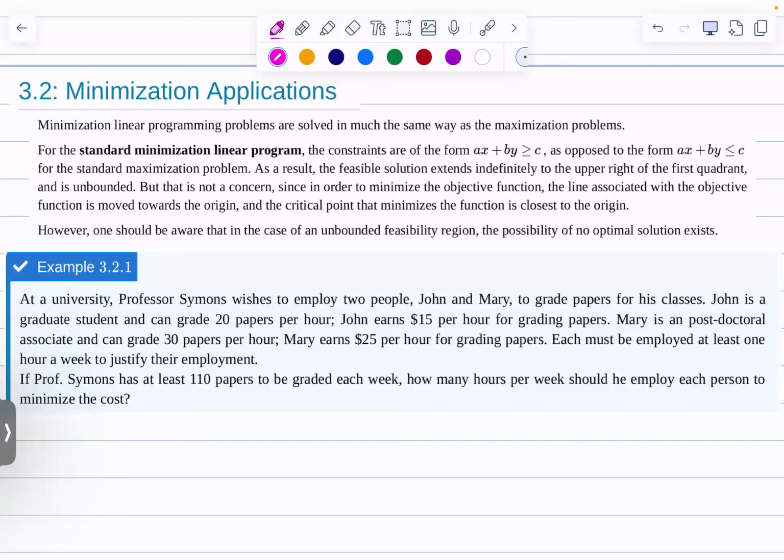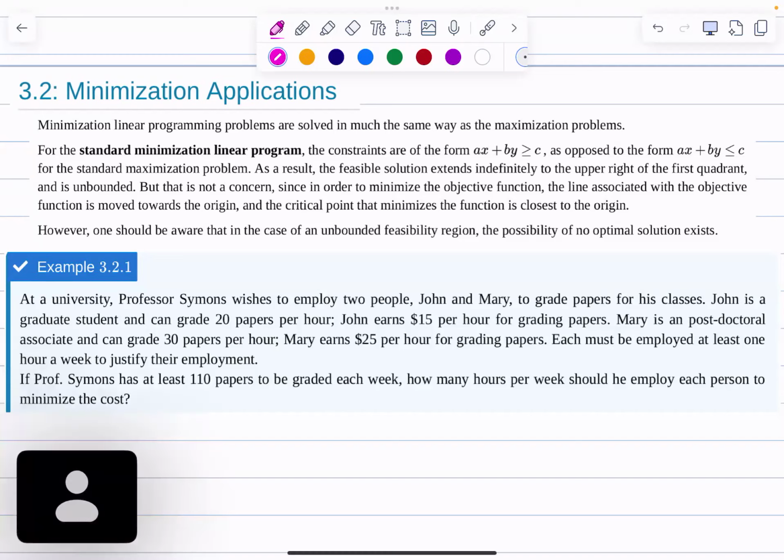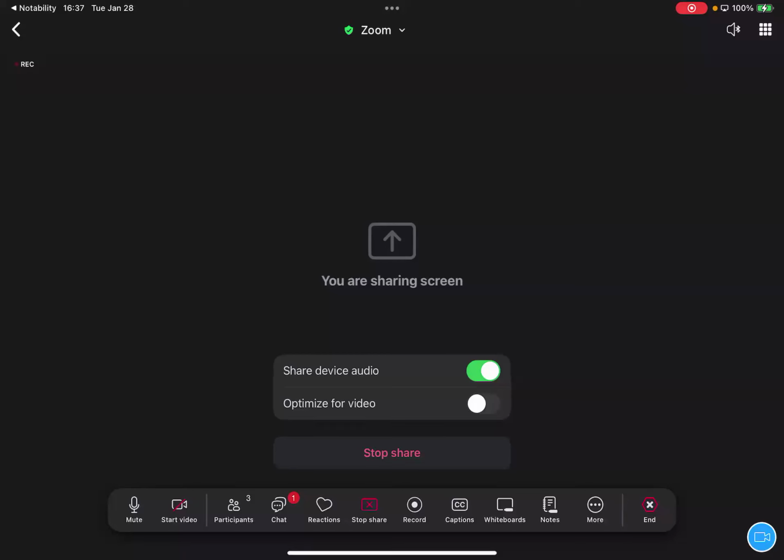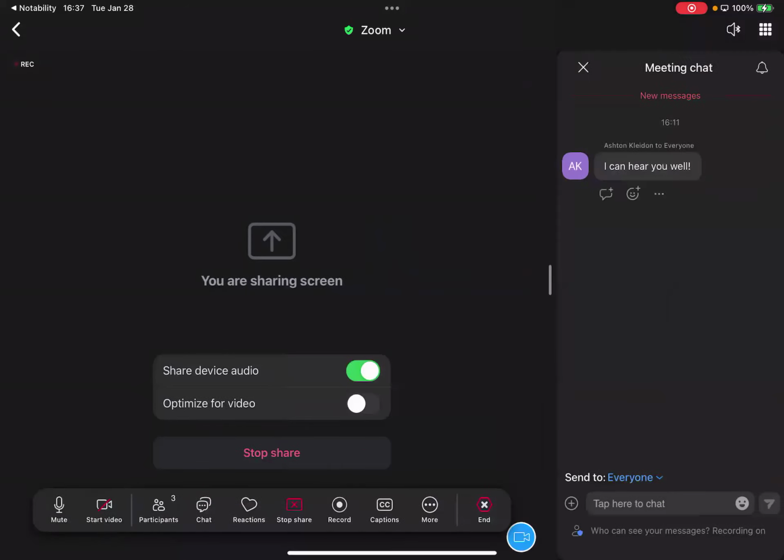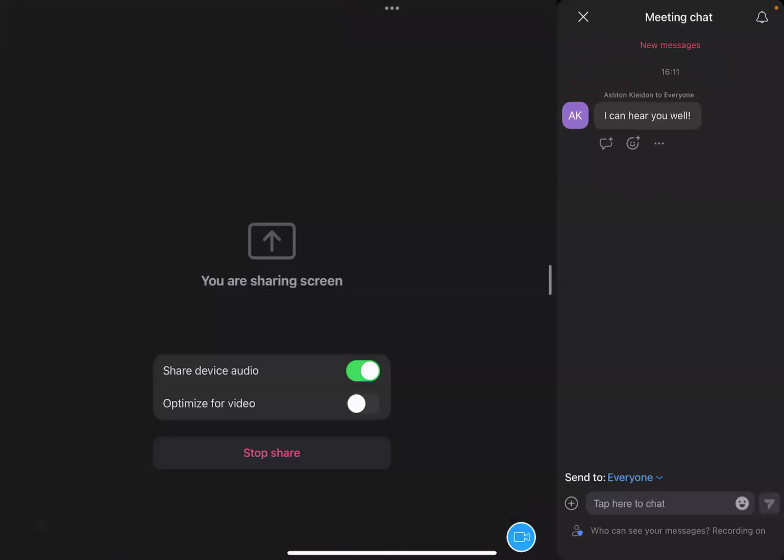I want you to buddy up as much as you are comfortable doing and work through the problem together. Then we'll work through it together as a group. I'll pause the recording and we'll see how long we do it for.